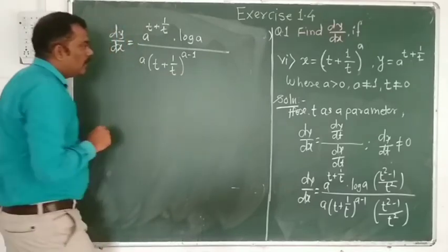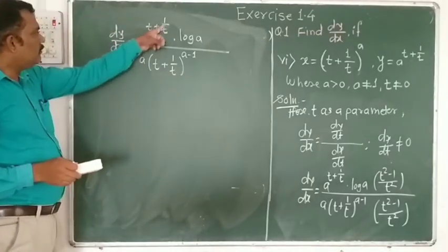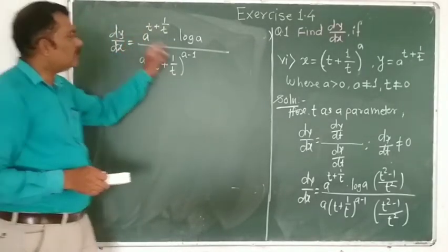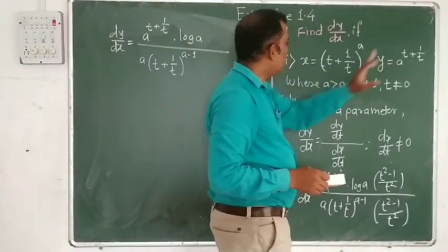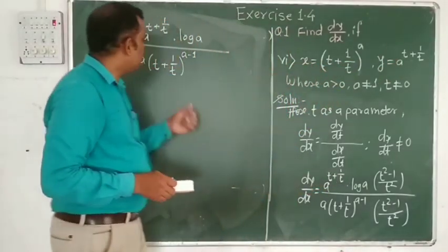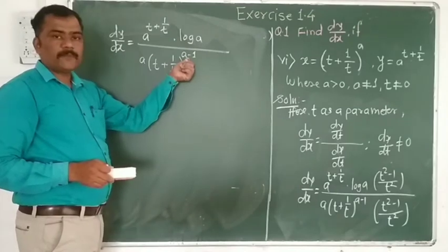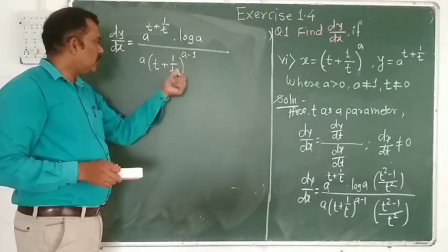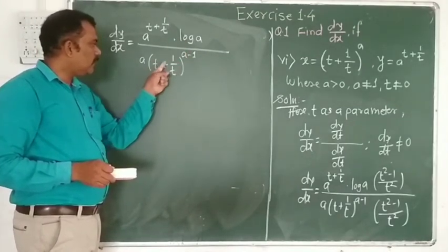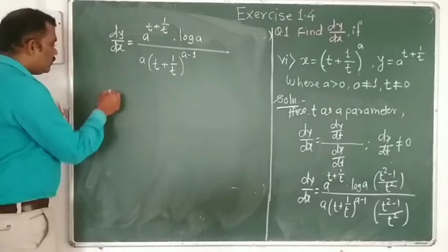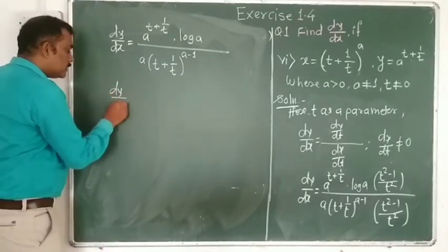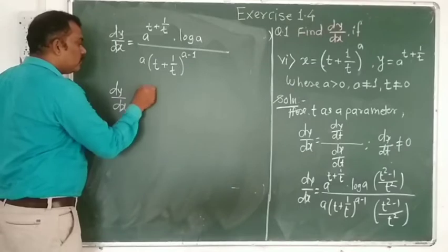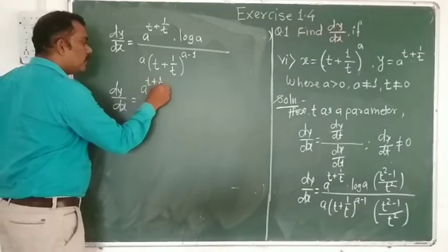Okay, now we can substitute the value of this one as y, which is nothing but a raised to t plus 1 upon t. The value of x is nothing but, here we require the power as a, so that in the numerator and denominator we multiply by t plus 1 upon t, so that dy by dx is equal to a raised to t plus 1 upon t.